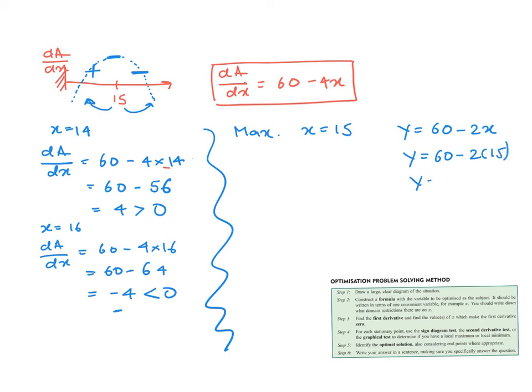So it's equal to 60 take away 30, which is 30. And they're all in meters. So the area is maximized when x is equal to 15 and y is equal to 30 meters.